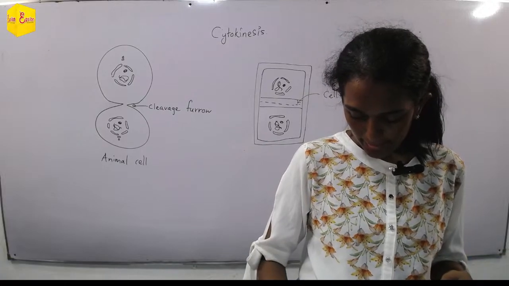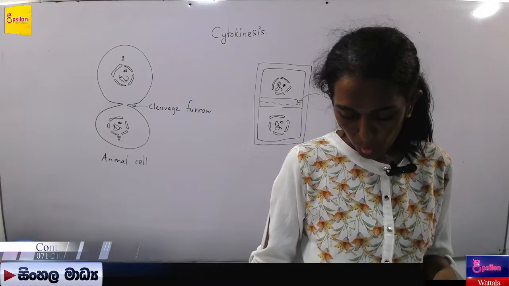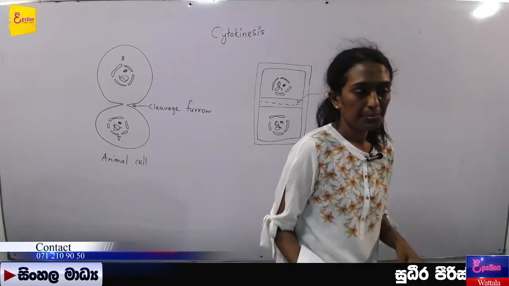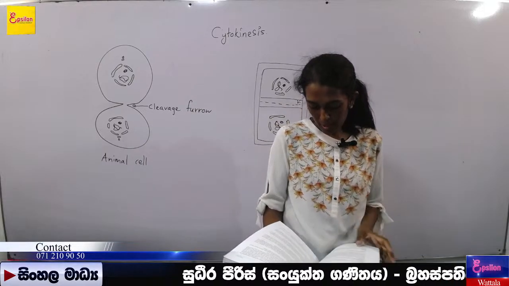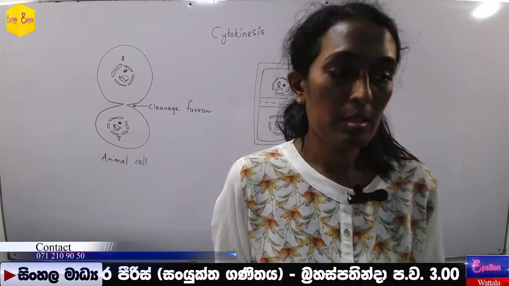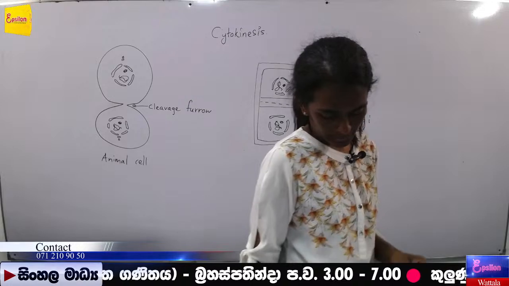Close brackets and write daughter nuclei are formed. So daughter cells are formed. I'm sorry. Daughter cells are formed.